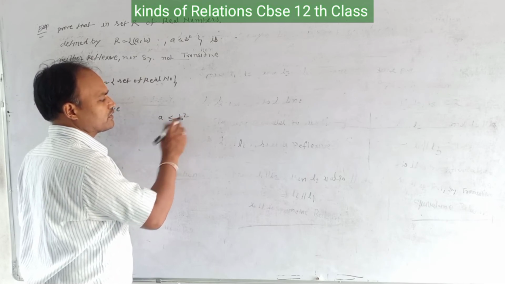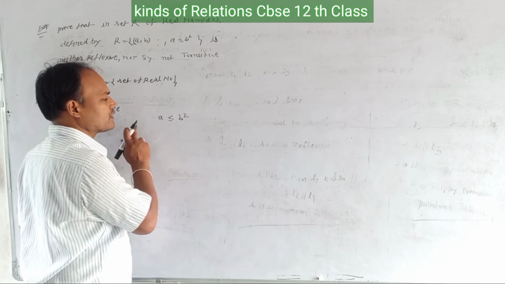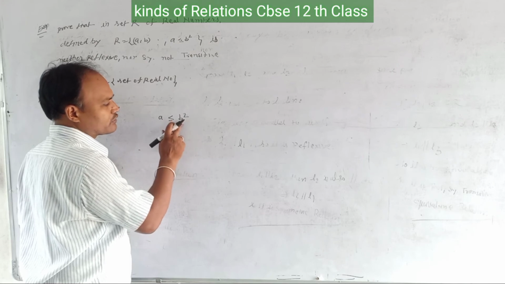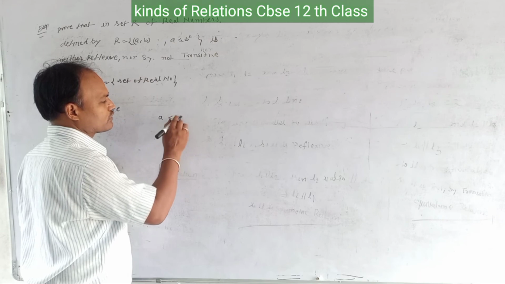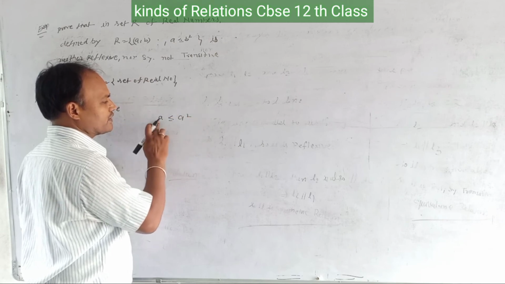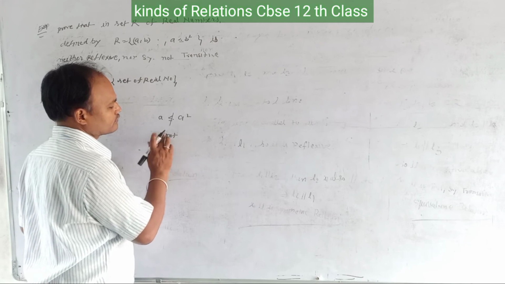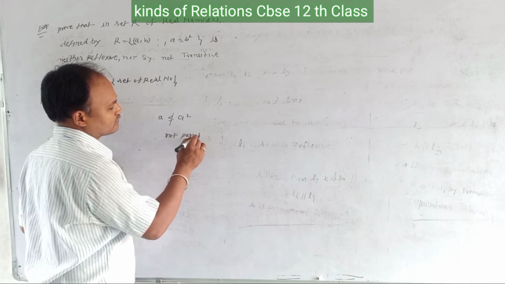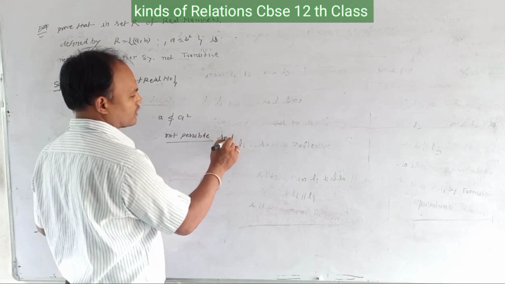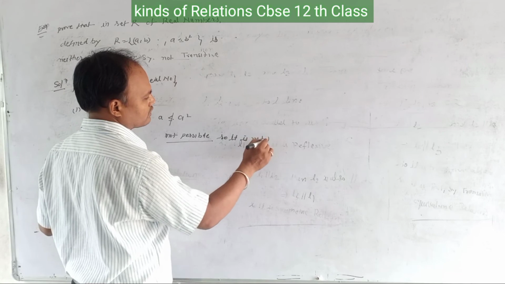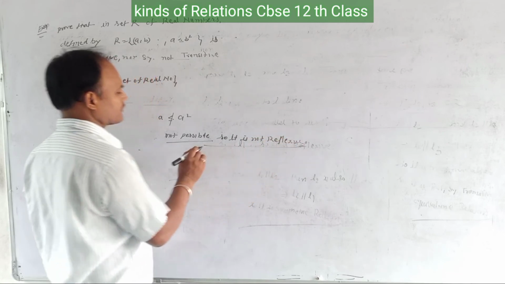It is given a ≤ b², but for reflexivity we put b equal to a, so a is related to a², and a ≤ a² is not always possible. So it is not reflexive.